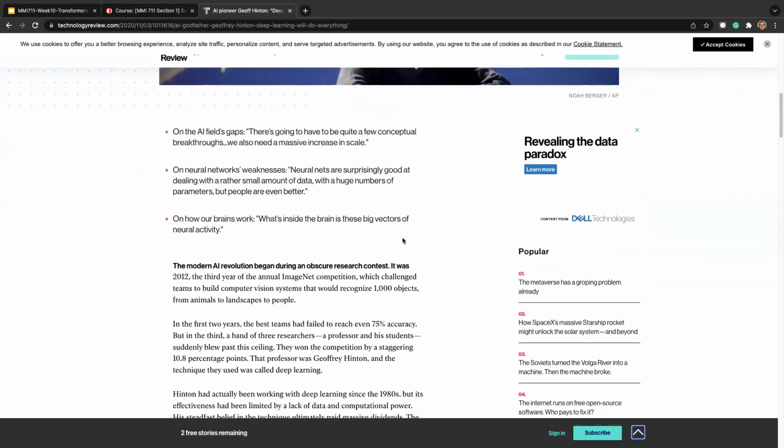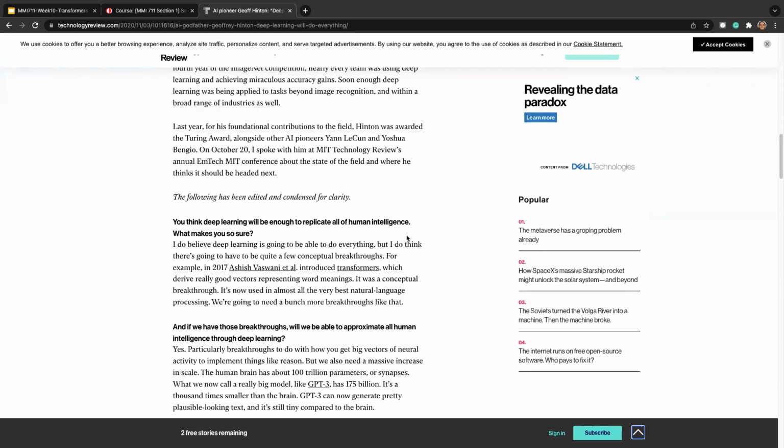And when they ask how we are going to get there, do you think deep learning will be enough to replicate all human intelligence? What makes you so sure? He answers exactly, I think there's going to be quite a few conceptual breakthroughs. So he believes that there will be some breakthrough steps that we're going to have to take, quite a few, like 10 or 20, I don't know.